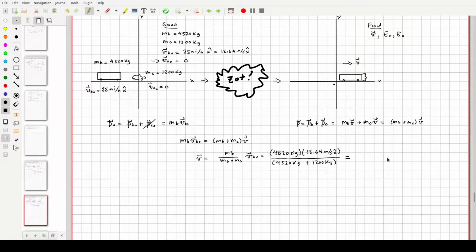And if you do that, you get 12.36 meters per second.